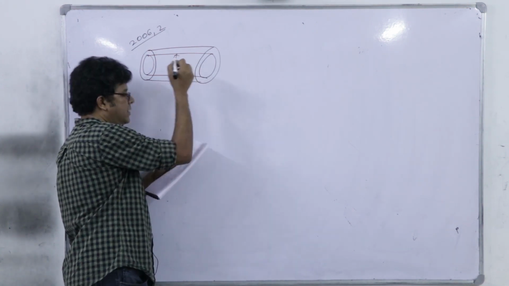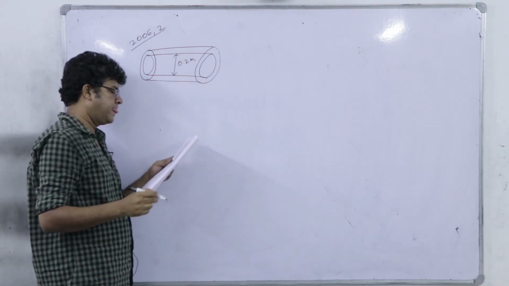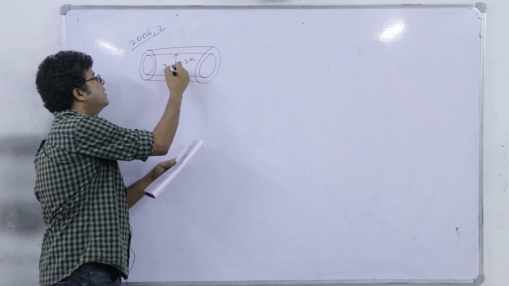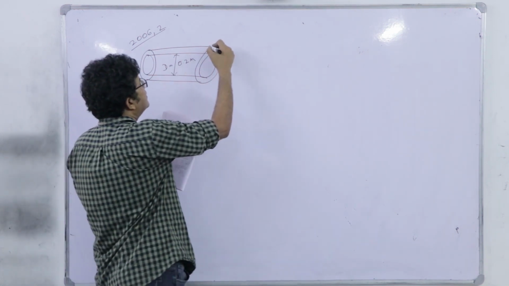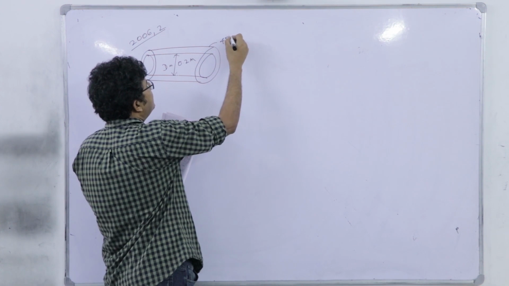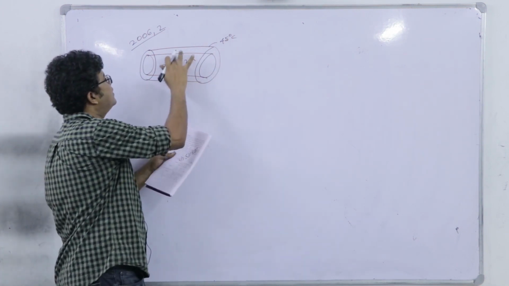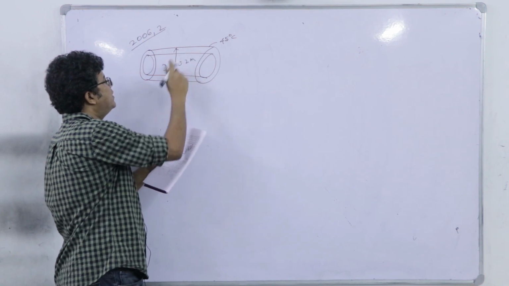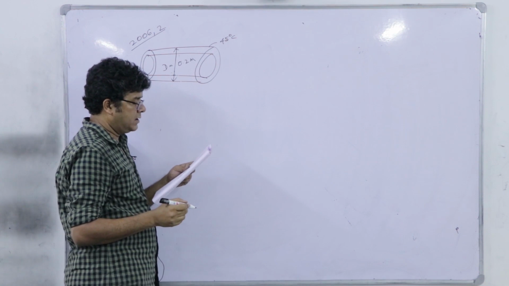This diameter is, sorry, not 2 meter, 0.2 meter, capital D given, has a surface temperature 45 degree. Insulated cylindrical pipe means this end to end diameter, 45 degree.